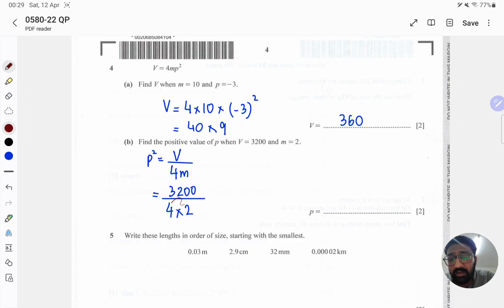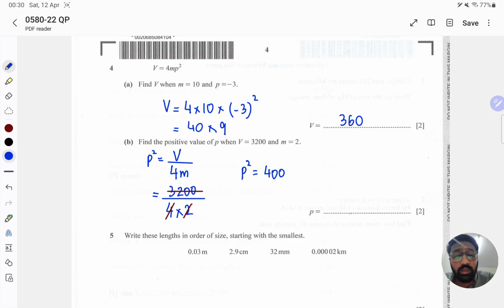We can simplify both of them. 8 times 4, 8 times 32. This is basically this 8 and this is 4. So the answer will be, this is P square, and P square will be 400.